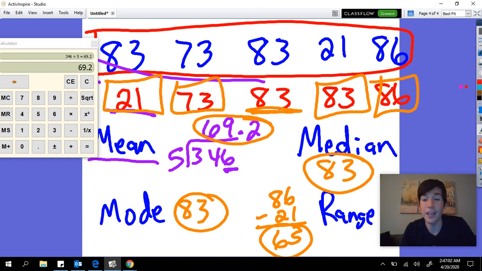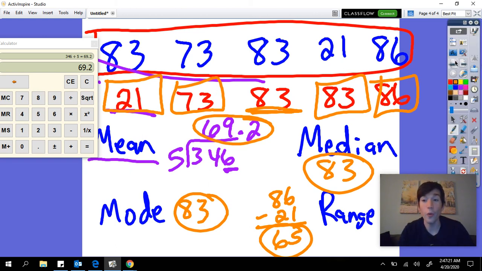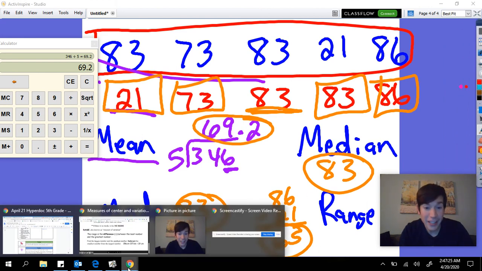We will be talking a little bit more about this concept of an outlier, 21, and which of the mean, the median, the mode, and range it affects the most, and which it affects the least. So that's where we're going to be going with those 4 words. But make sure that you know the meaning of each of those 4 words.